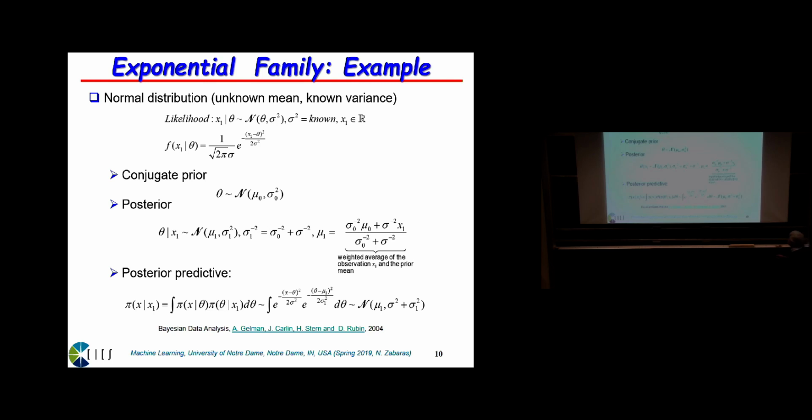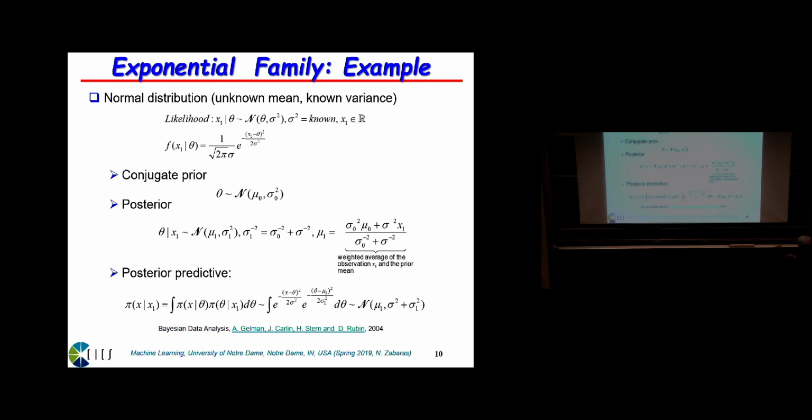So the posterior, so the Gaussian is in the exponential family, right? So when I multiply this with another Gaussian, I get a Gaussian. So the posterior is also in the exponential family. And it comes out that the posterior mean looks like this. And the posterior variance is updated like this.